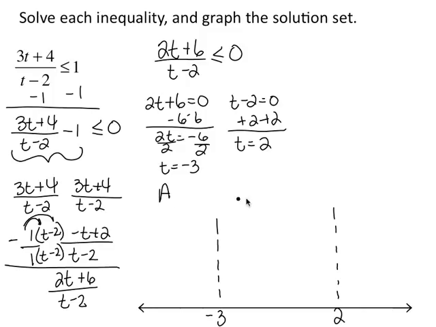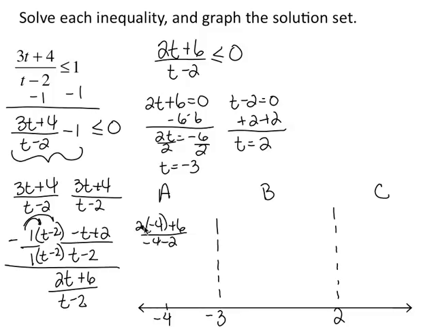So we have interval A, interval B, and interval C. So I need to pick a test point from interval A. So I'm going to choose the point negative 4, so any number less than negative 3. And I'm going to substitute this test point into my fraction inequality. So I'm going to go (2 times negative 4 plus 6)/(negative 4 minus 2).